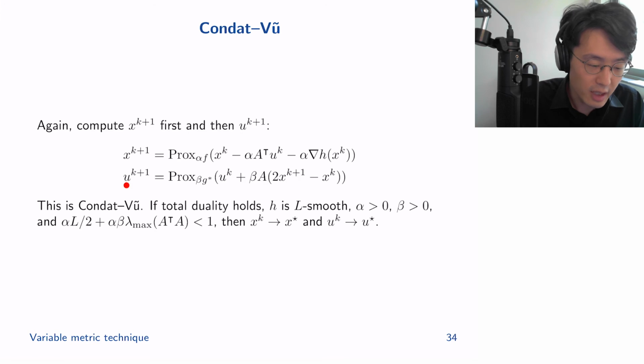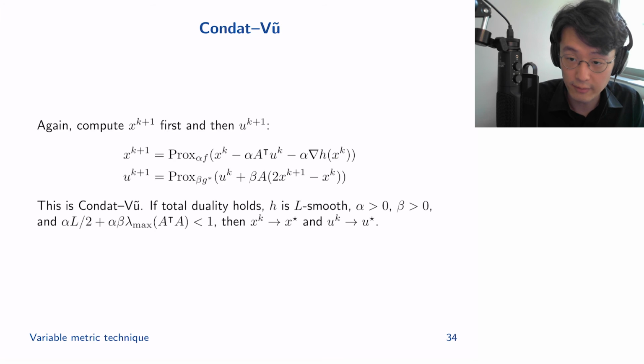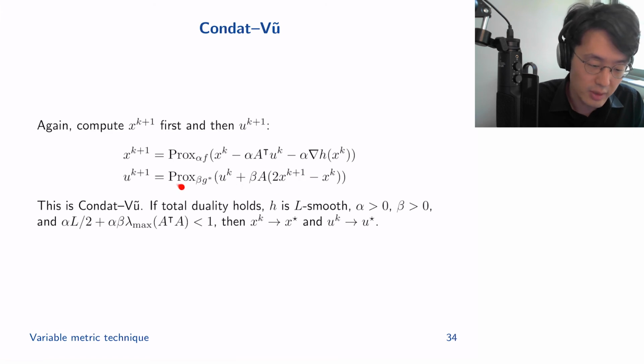And then in the computation of uk plus 1, we utilize uk and xk provided to us from the previous iteration, and also we utilize xk plus 1, which was computed in the immediately previous step. And then to compute this vector, we apply the proximal operator with respect to g star to obtain uk plus 1.